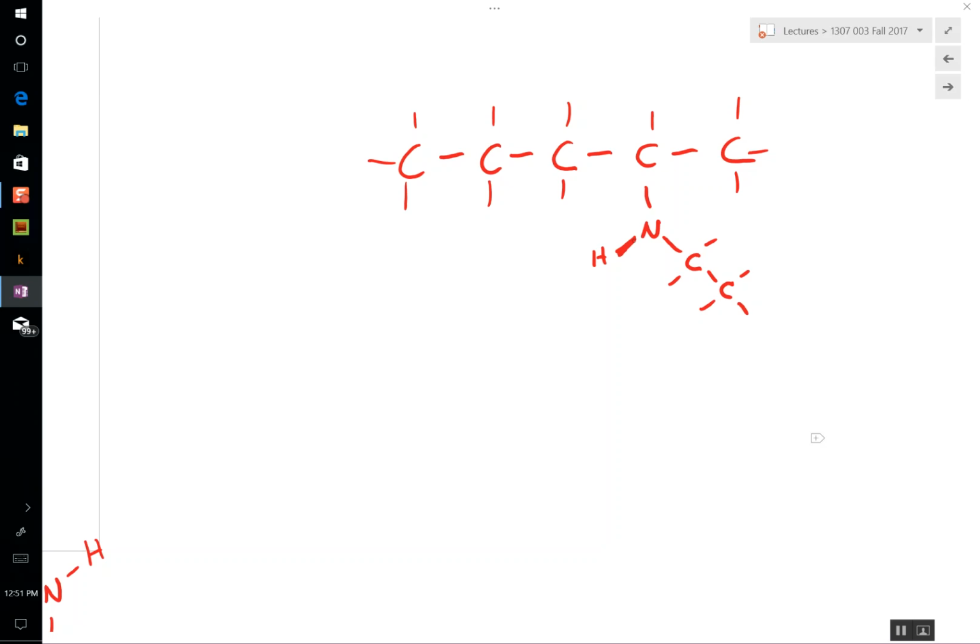So 5 carbons would be pentane. It's an aminopentane. What amino? 2-amino.